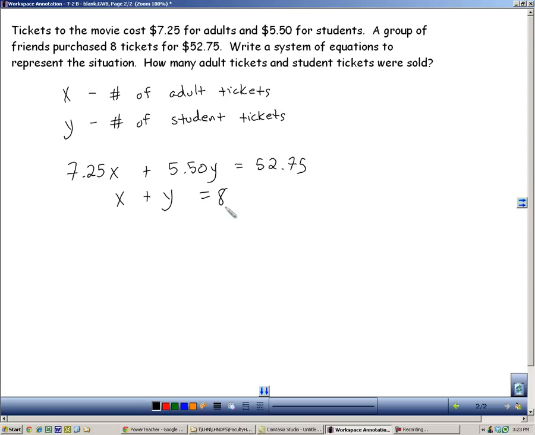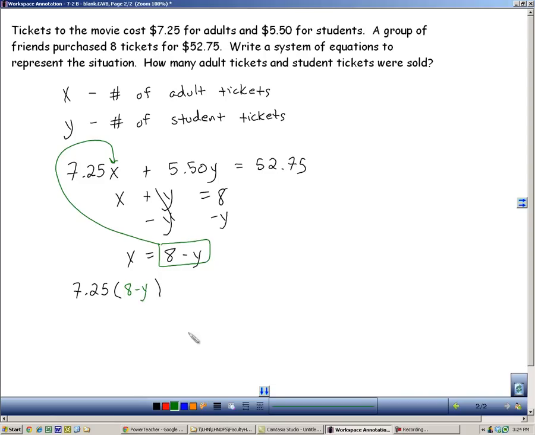Well, to use substitution, I need to isolate one of the variables, so I will isolate this x. I don't know why I chose the x, just because I did. So x equals 8 minus y. Now we have to use substitution. We will substitute that into the first equation in for the x. So 7.25 times what I substituted in, 8 minus y, plus 5.50y equals 52.75.